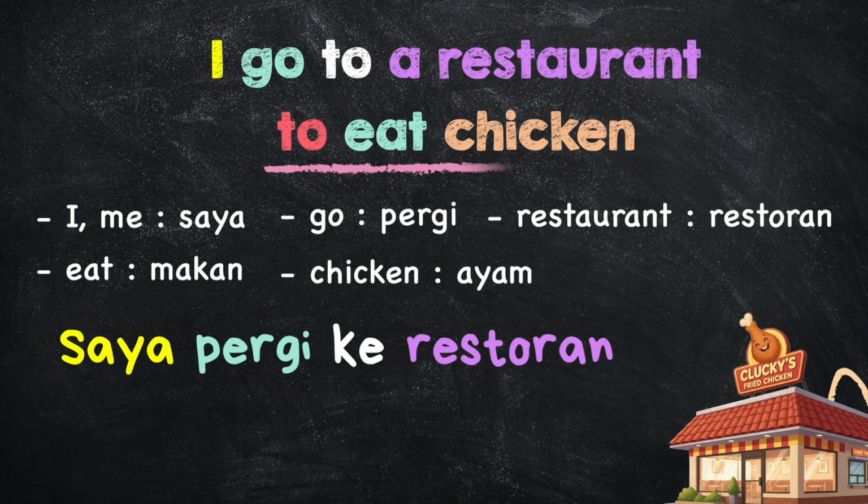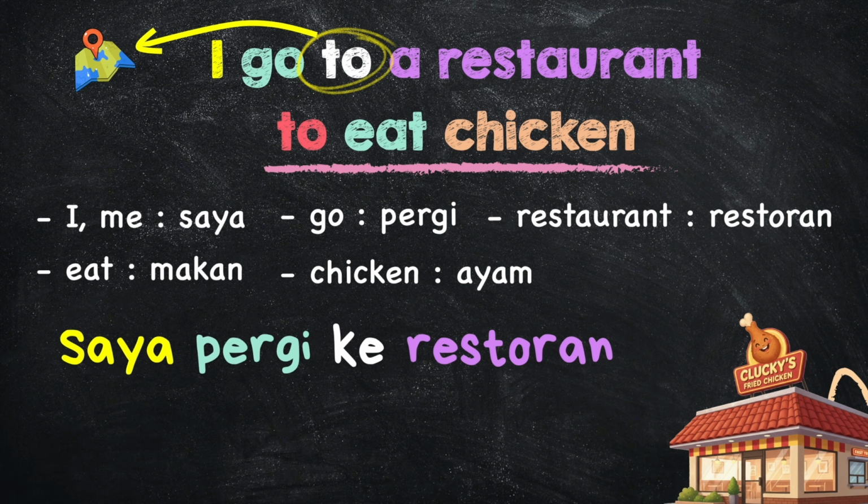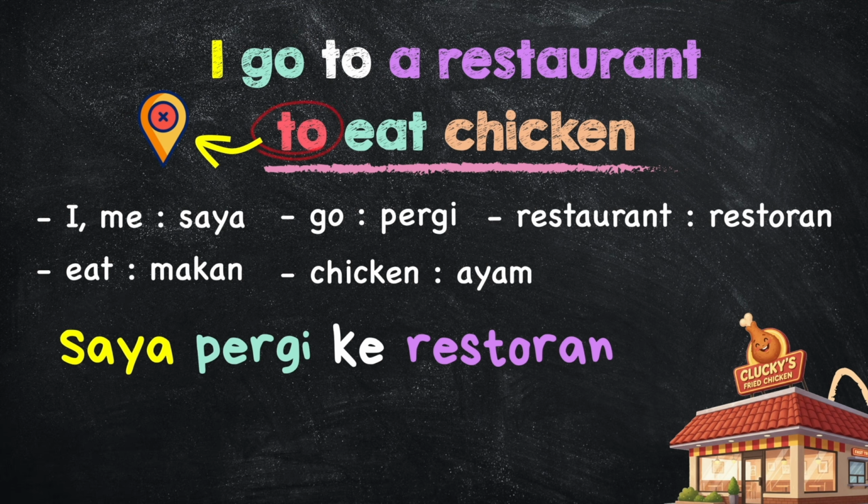Now, how do we say to eat chicken? In this sentence, the first "to" shows location. That's why we use ke. But the second "to" shows purpose, not a location. So we don't use ke again.